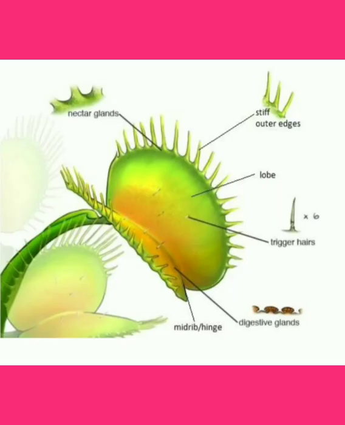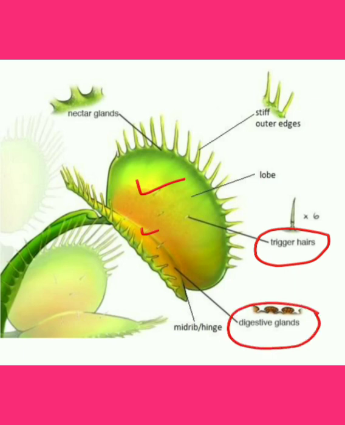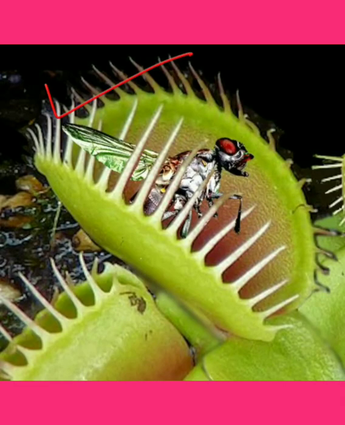So here you can see the lobes which contain some hair-like structures that trap the insect, and also has some digestive glands that secrete digestive juice and a midrib or hinge that closes when an insect sits on the lobe. In this picture you can see the clear picture of a trapped insect.